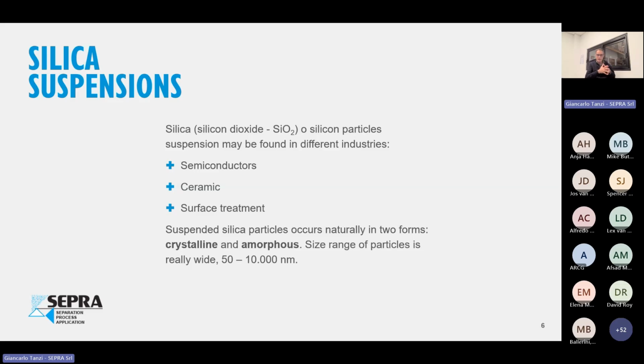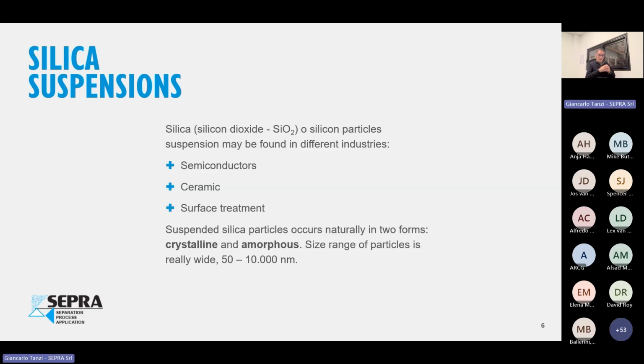We are talking about suspended silica or silicon, and it can be found in many different industries. I give you some examples, but I think these are not the only ones. Semiconductors, and in semiconductors it is more silicon, while in ceramic and surface treatment, we mostly find silica, so silicon dioxide.